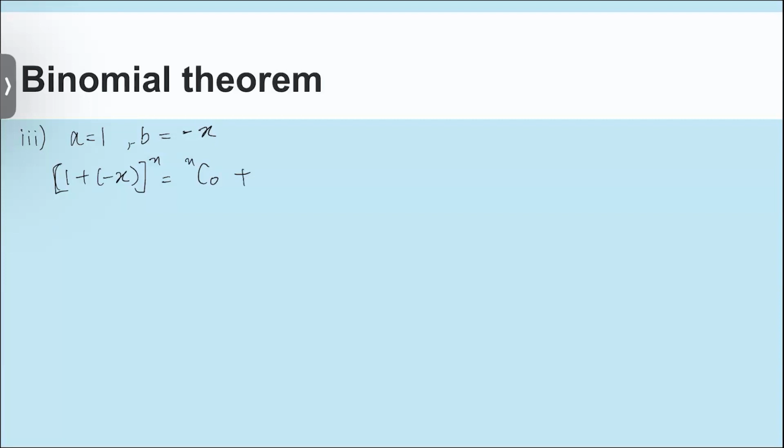Then you have plus nC1, you will have minus x raised to 1. Then plus nC2, you will have minus x raised to 2. Then nC3 will have minus x raised to 3, plus all the way up to nCn, minus x raised to n.